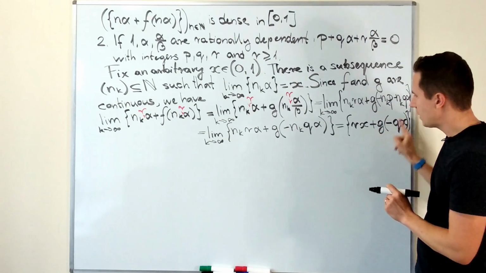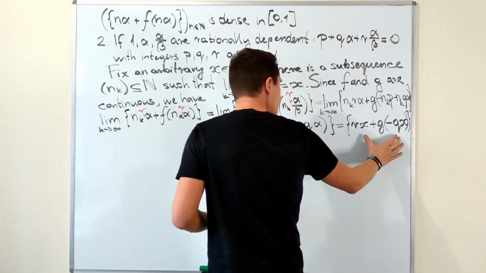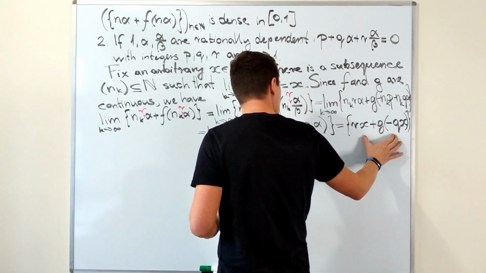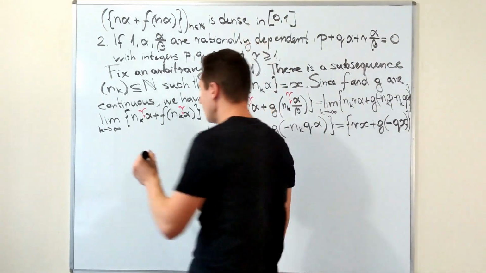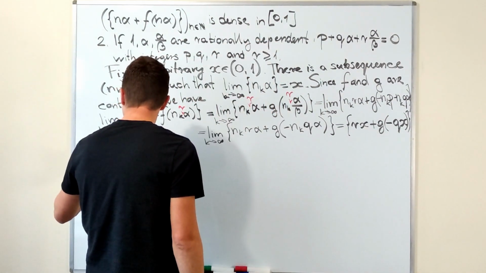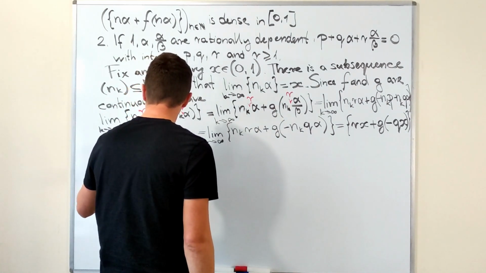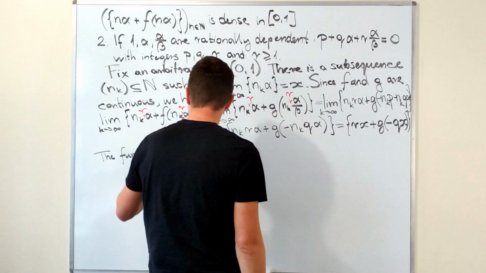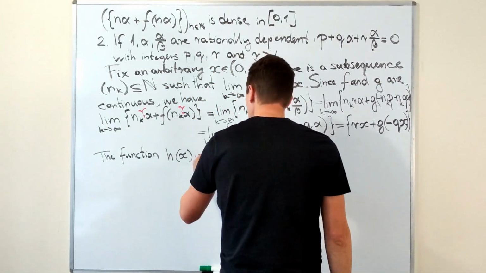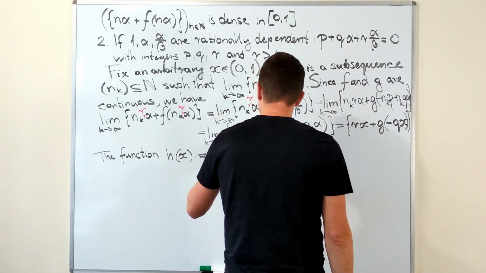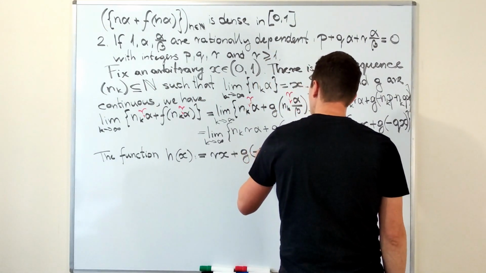Let me introduce a new notation for the expression inside the fractional part. Let h of x be defined to be r times x plus g of minus q times x.